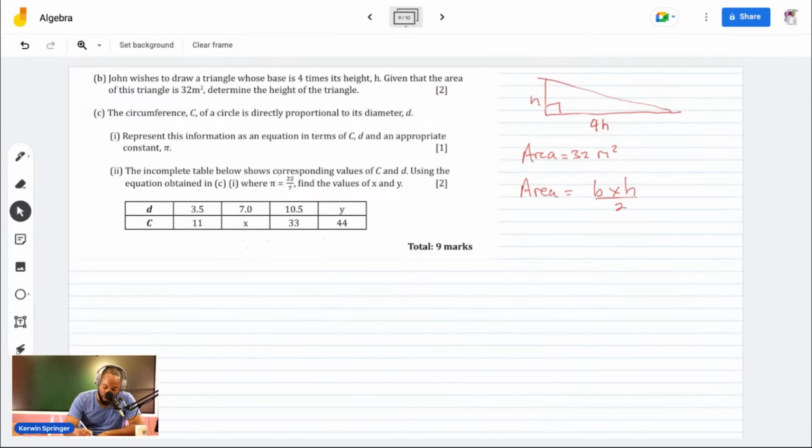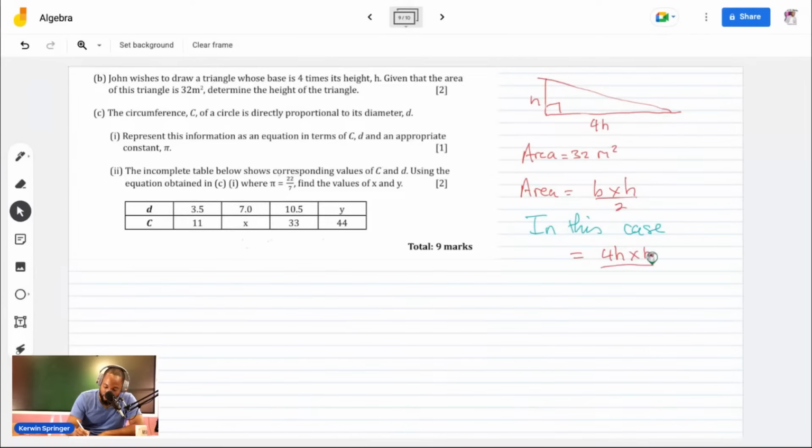So the area of this triangle, in this case, is 4 times the height by the height, divided by 2, because the base is really 4 times the height. And a 2 will cancel here. So it's really 2h squared. I get nice and neat and compact there.